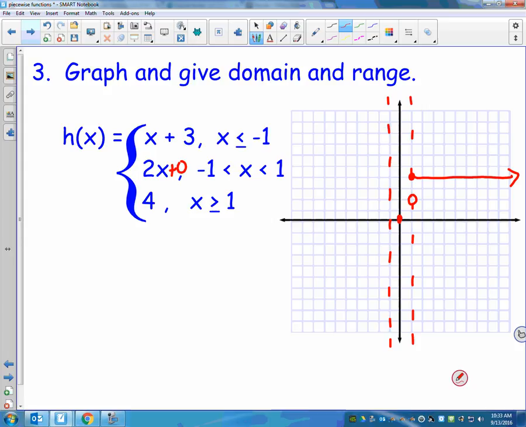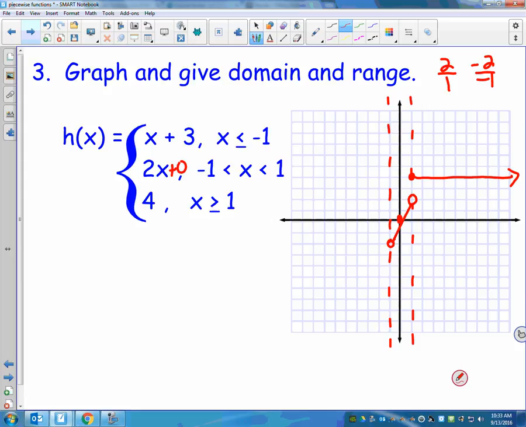And I always make sure that I go to both lines. So I'm also going to go, instead of up 2 over 1, down to -1, and that would get me back to that other line. And that's also going to be an open circle. So for the line 2x that normally goes all the way through the graph, I'm just graphing this very teeny tiny little section right there.